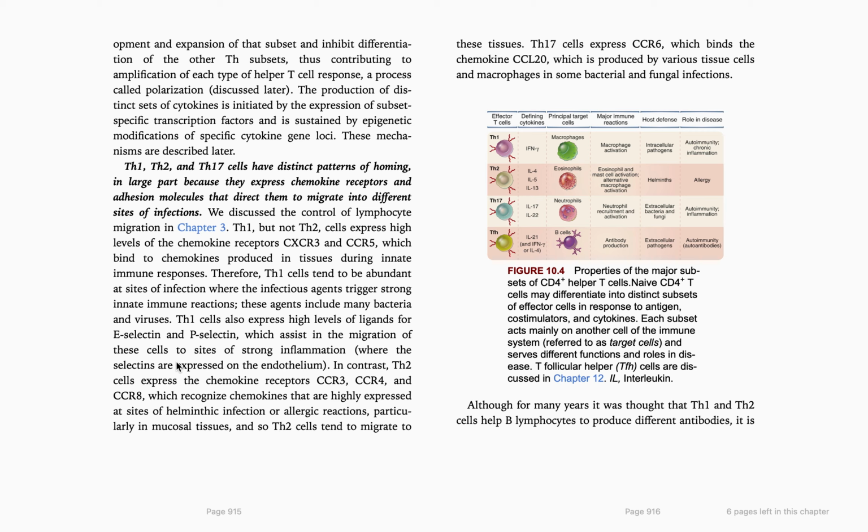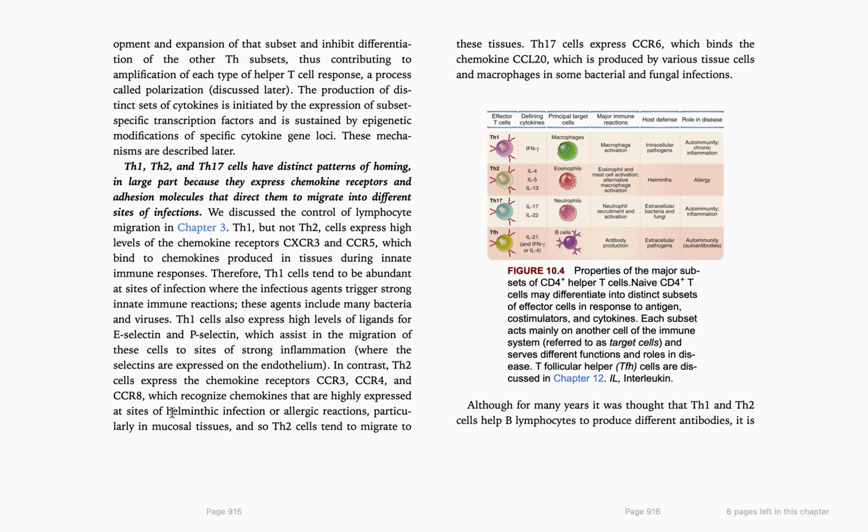It is very important to remember that Th1 expresses high levels of chemokine receptors CXCR3 and CCR5. But when you come to Th2, it expresses CCR3, no X here, and CCR4 and also CCR8.